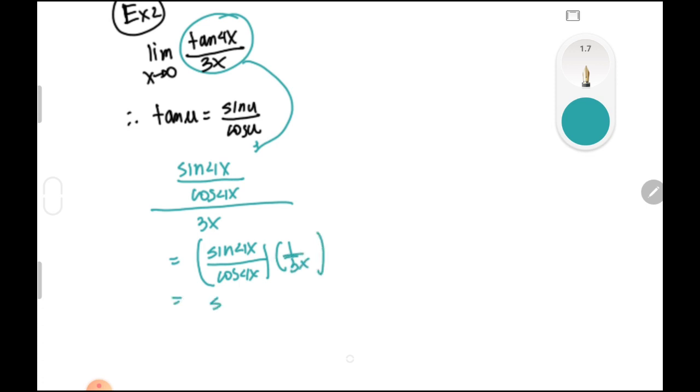Therefore it is sine 4x divided by 3x cosine 4x.